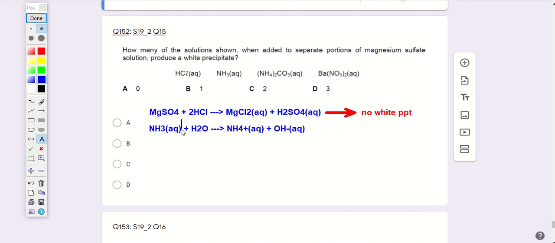So magnesium sulfate actually reacts with the hydroxide ions inside this ammonia solution. What happens is you get magnesium hydroxide.